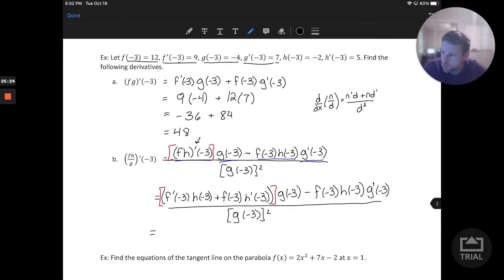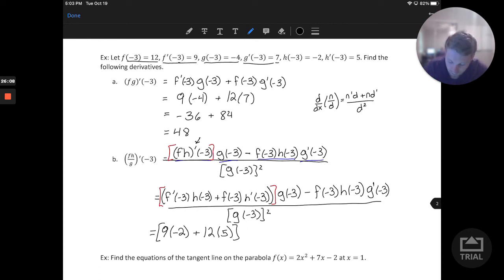We'll start with our f prime of -3. So f prime of -3 is going to be 9. Times h of -3, that's a new one for us, that's -2. And these are coming from the top of the page. Plus f of -3, that's going to be 12, times h prime of -3. h prime of -3 is 5. And then we're going to multiply all of that times g of -3.